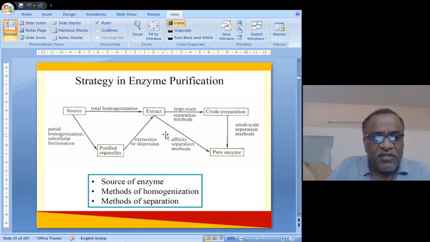If you ask me, does this work? Yes, it is the basic outline or strategy in enzyme purification, and each step requires a lot of understanding, studies, and trial and error to come to this phase, that is the purest form of the enzyme. Of course, this is the fundamental strategy to obtain the purest form of the enzyme.